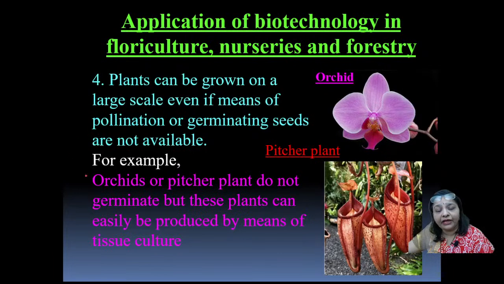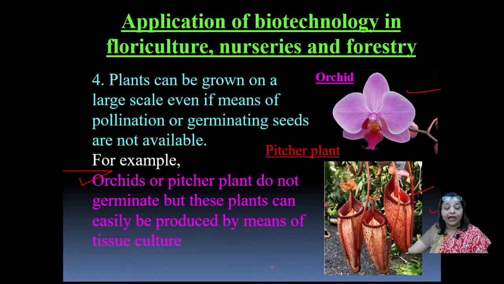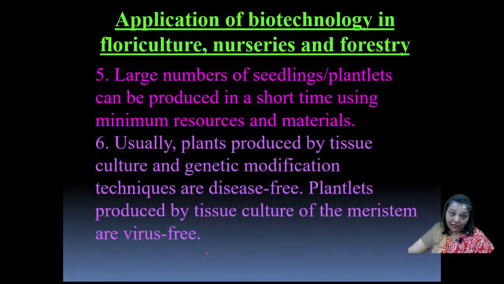For example, we can also produce varieties of orchids and pitcher plant. Can you see a small picture of the pitcher plant being shown, the orchids, beautiful flowers, right? They do not germinate easily in any kind of environmental conditions, but the plants can be produced by means of tissue culture.